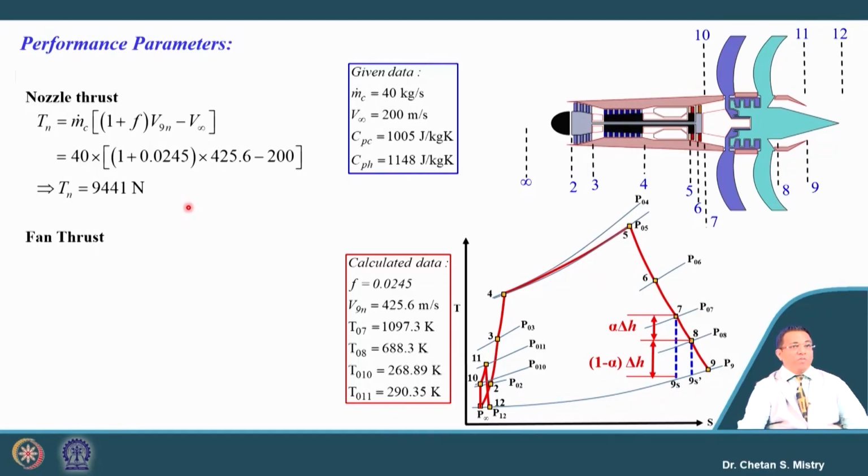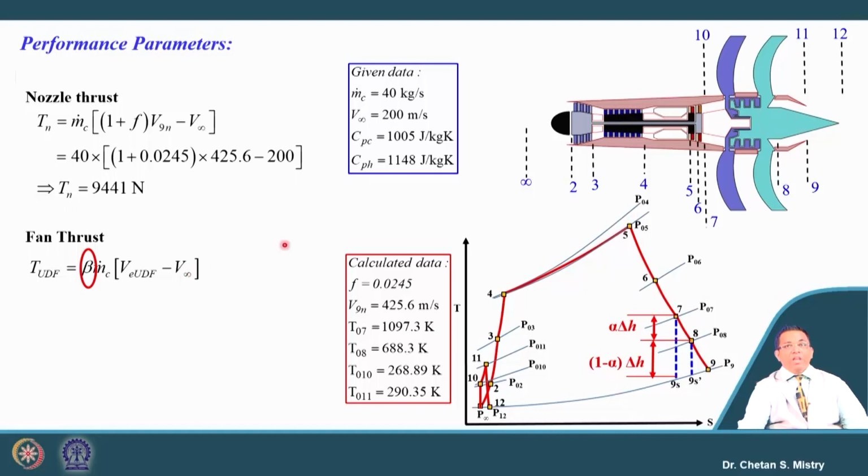Let us try to look at what will be the thrust generated by the fan. This fan thrust is given by beta into m dot core, exit velocity minus free stream velocity. Here we do not have the information about beta, that is the bypass ratio. So, let us calculate that bypass ratio first. How do we calculate the bypass ratio?